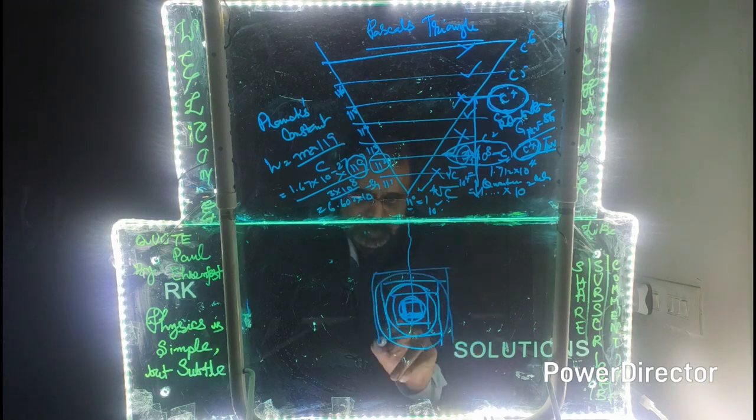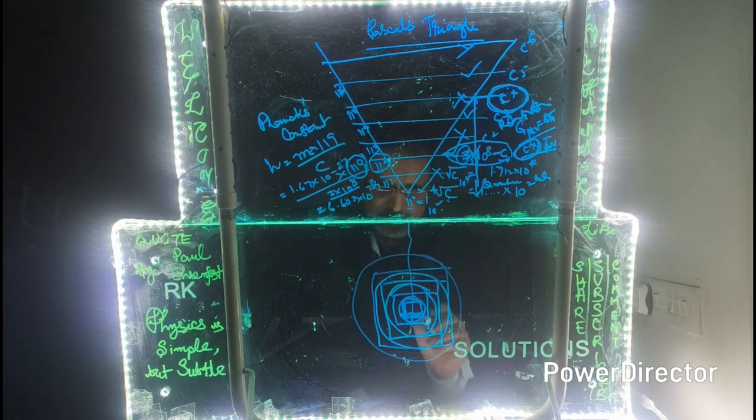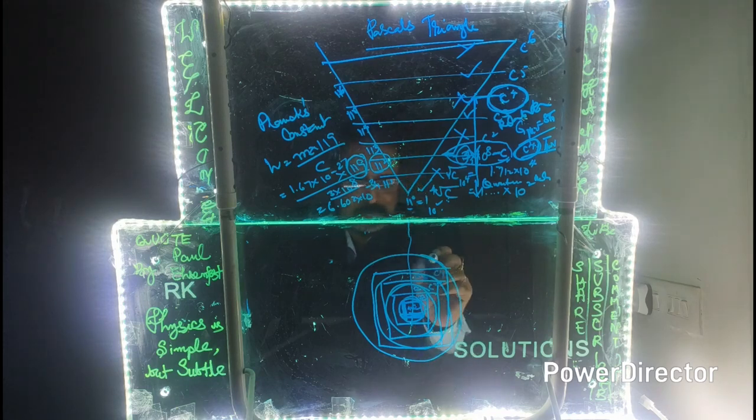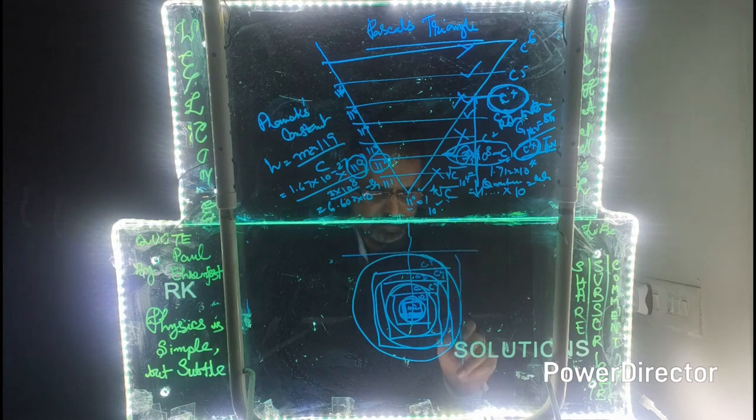There is a cube describing that. There is a circle describing that. This is fourth root of C. This is the root of C. This is C. This is C square, C cube, C raised to 4. It is C raised to 5, C raised to 6. That's it.